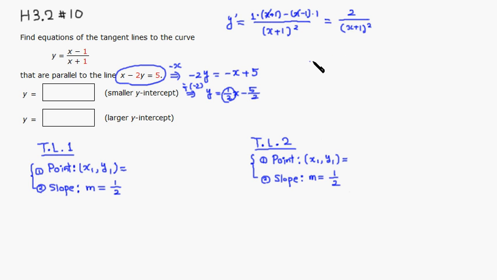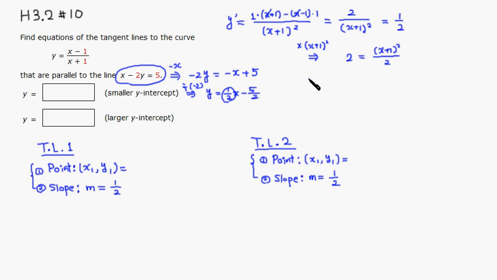That's the derivative, and since the slope has to be 1/2, the derivative has to be equal to 1/2. So we set that equal to 1/2. Then we can multiply both sides by x plus 1 squared, so 2 is equal to x plus 1 squared over 2.